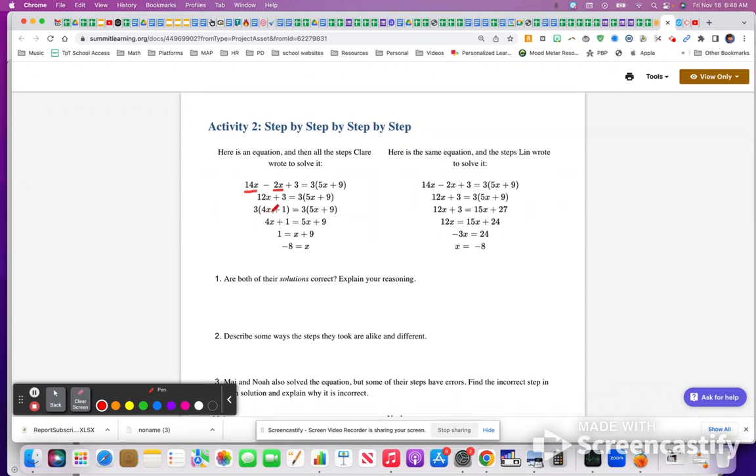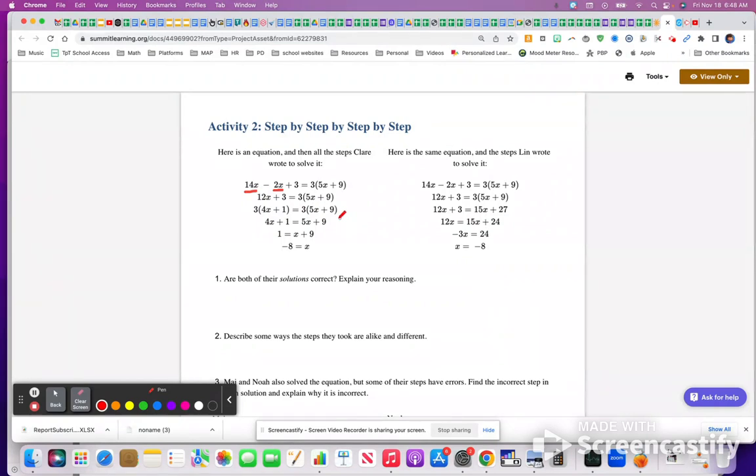So she basically created, it's called factoring, and she pulled this 3 out. If we use the distributive property, 3 times 4x is 12x, and 3 times 1 is 3. So 12x plus 3 is the same as 3 times the quantity of 4x plus 1. And then this just stayed the same.